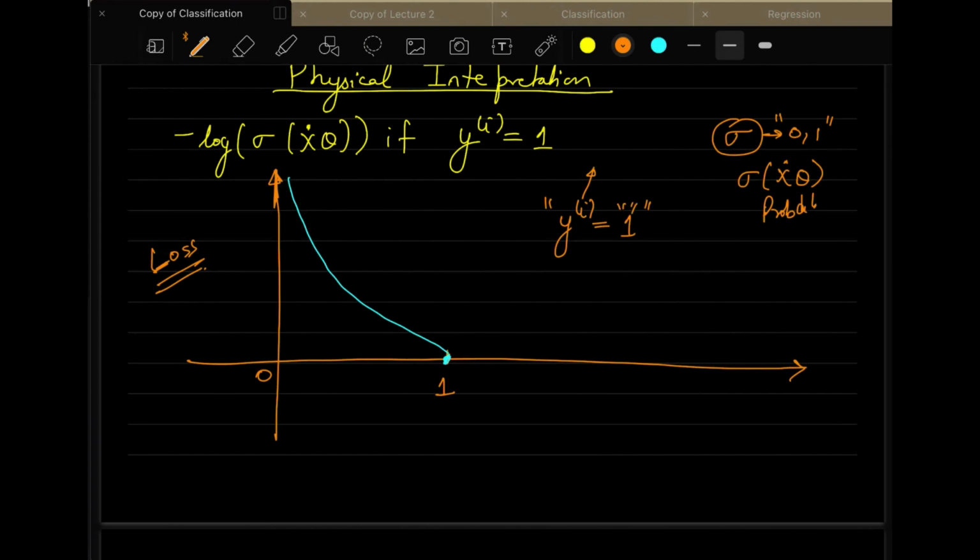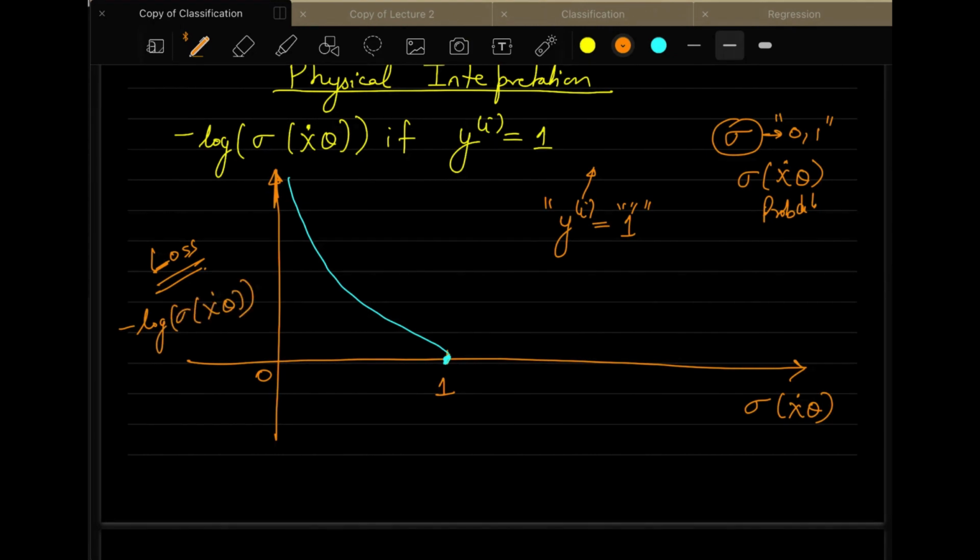The x-axis is sigma of x dot theta, and the loss is, as you know, minus log of sigma of x dot theta.